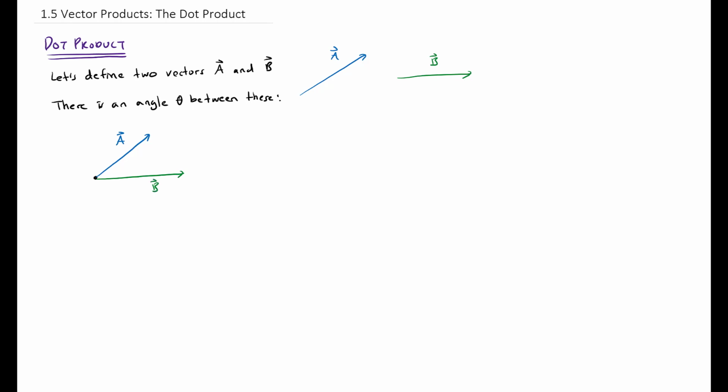Essentially what I was trying to say before is the dot product resolves one of the vectors so that we're only considering the magnitudes of the vectors in one direction. So we have this angle theta over here, and a projection of A onto B basically means how much of A is going to be towards B.